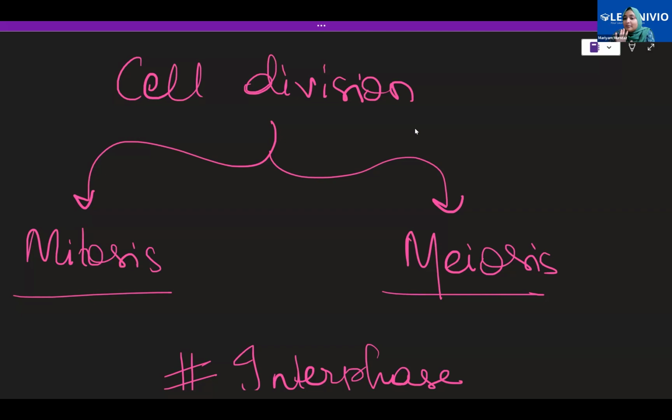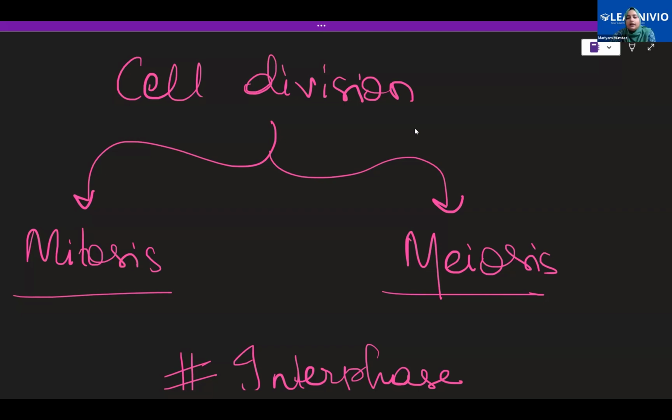For example, 100% is the cycle, 95% is taken by the interphase and only 5% is the M phase. Human cell divides every 24 hours. Yeast cell divides in 90 minutes. Bacterial cell divides in every 20 minutes.